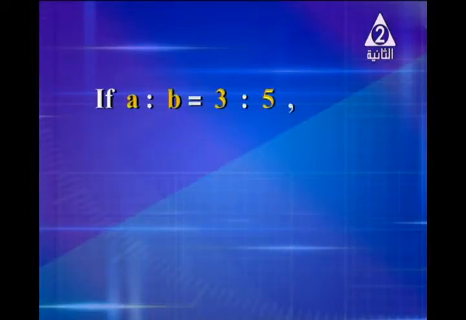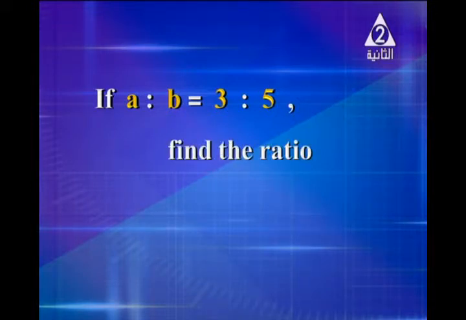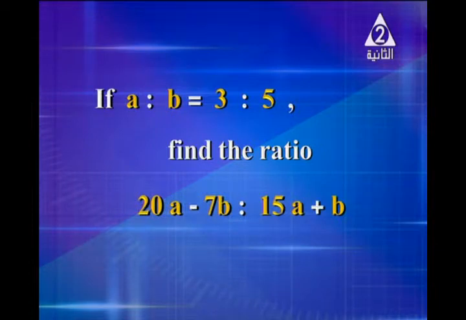If A to B equals 3 to 5, find the ratio 20A minus 7B over 15A plus B. Answer.